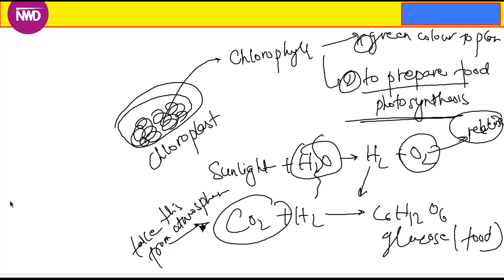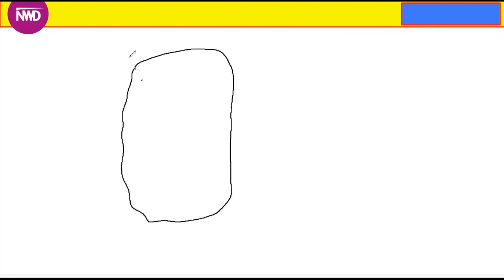What we will do, we will make a quick revision of the plant cell, and then we'll sum this up. Okay, let's understand what it is. What we have seen in a plant cell: just imagine this is a plant cell. Here we have seen all the common structures, like this is the nucleus.